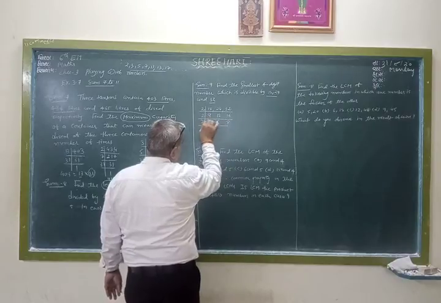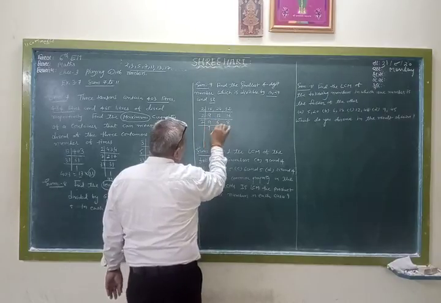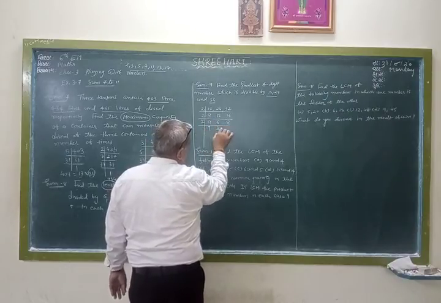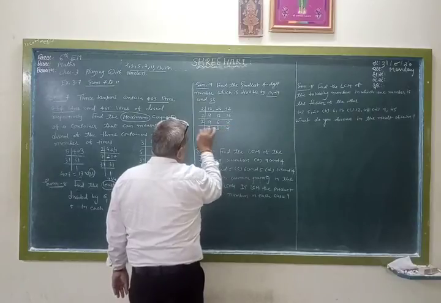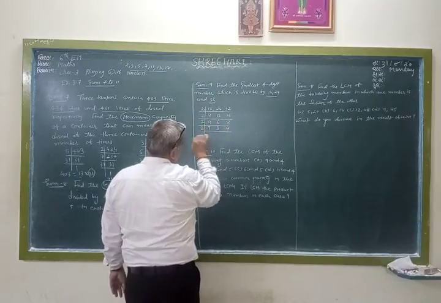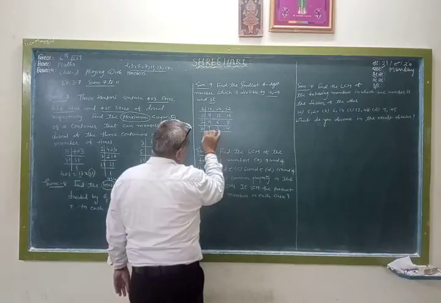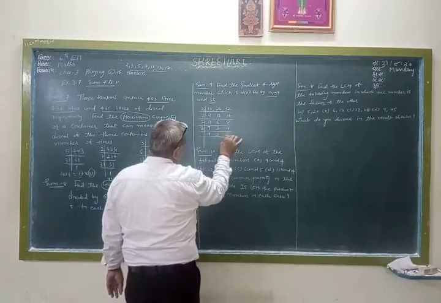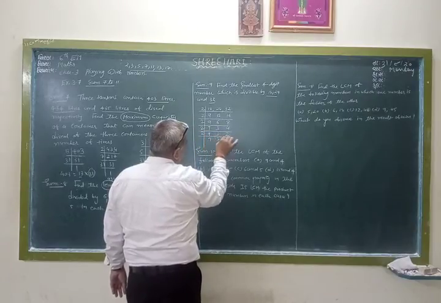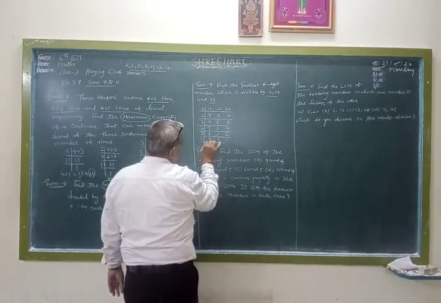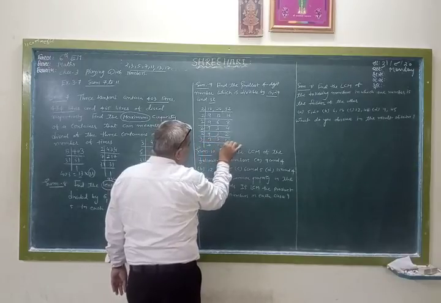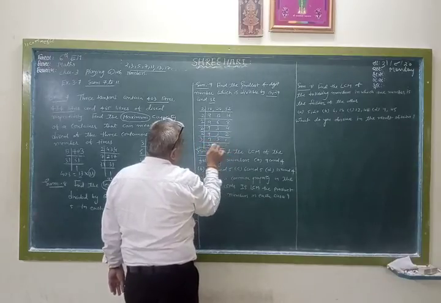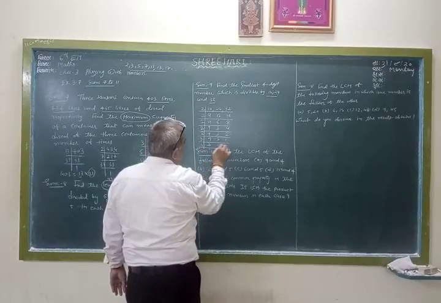Again 2: 9 as it is, 2 times 3 is 6 and 2 times 4 is 8. Again 2: 9 as it is, 3 as it is, 2 times 2 is 4, 2 again. Then 9, 3, 1: 3 times 3 is 9, 3 times 1 is 3, and 3 times 1 is 3.